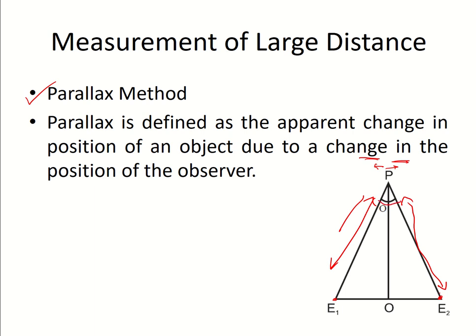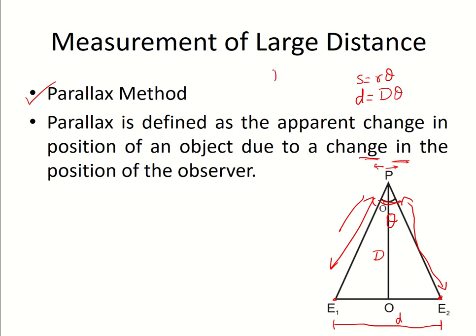And there is some angle theta which is formed between these two lines, and we know the distance between our eyes. Let us say this distance is small d, and this length is capital D. So if you use the formula S is equal to r theta from circles, over here S is nothing but d, r is nothing but capital D, and theta.